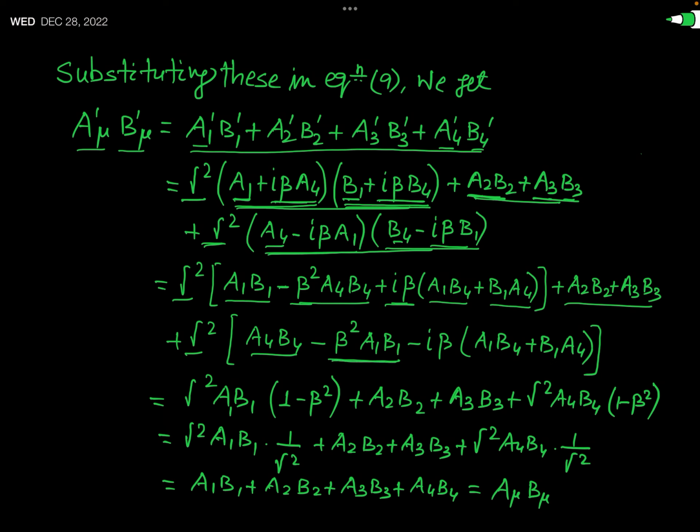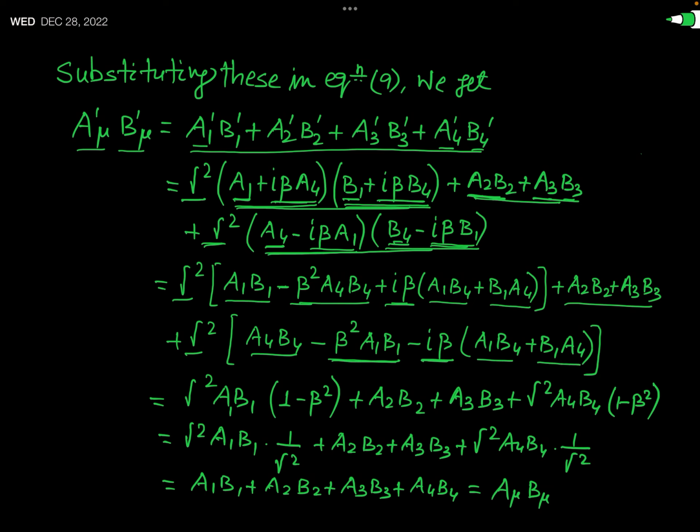Okay. Now take the product of this A4 with minus iβB1 and this B4 with minus iβA1. You can see minus iβ will be a common factor and the remaining terms will be A1 B4 plus B1 A4. Okay.